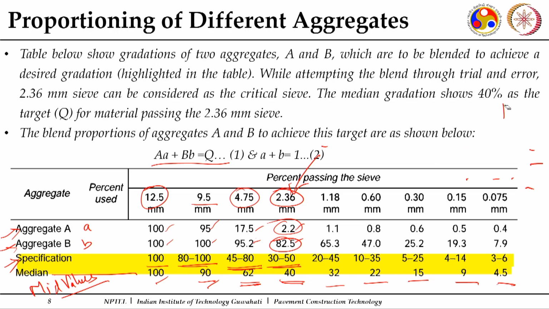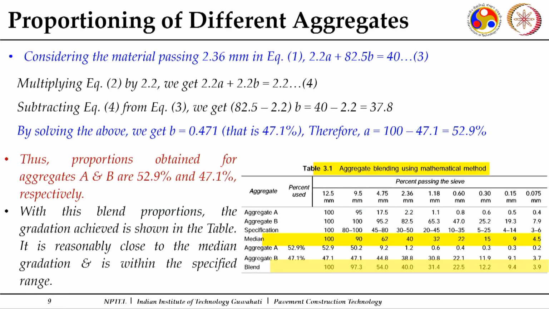Here I started with, the important thing is you need to work out what sieves you are trying to work out. Say here 2.2a, 82.5b, as we have seen, this is for this one, this is for this one, and this is what your target was. So this target is mentioned here. Another is this. So I will solve these two variables with the two equations I have.